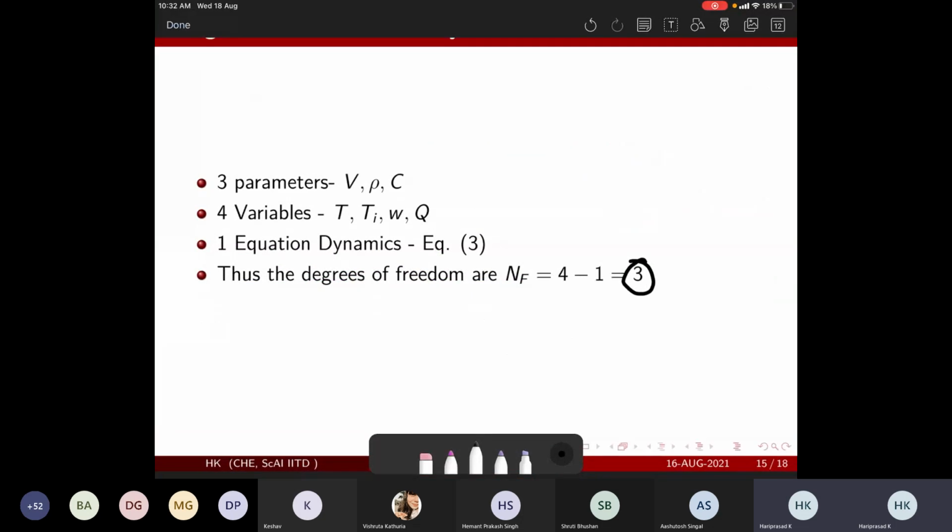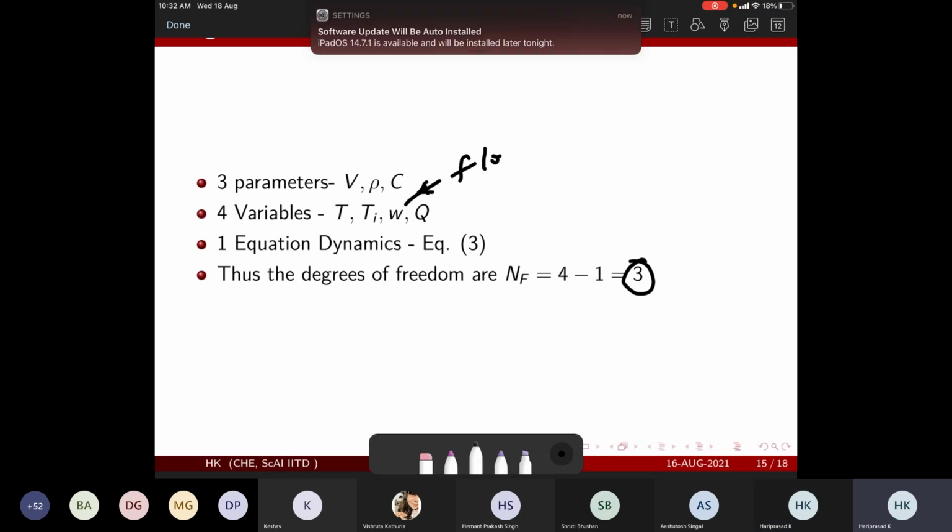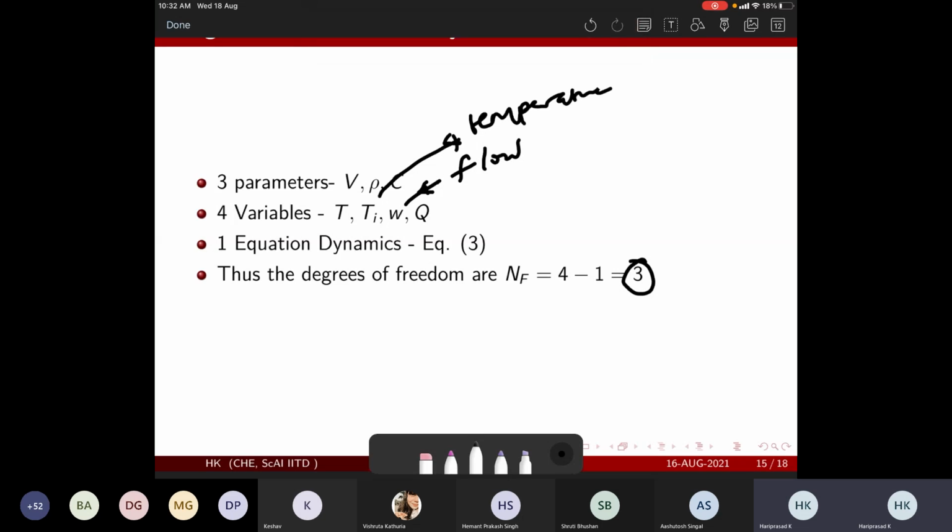So one is steam flow, fine. Inlet temperature, fine. Outlet temperature. Then W, so I should not say Q, we will have W bar also.